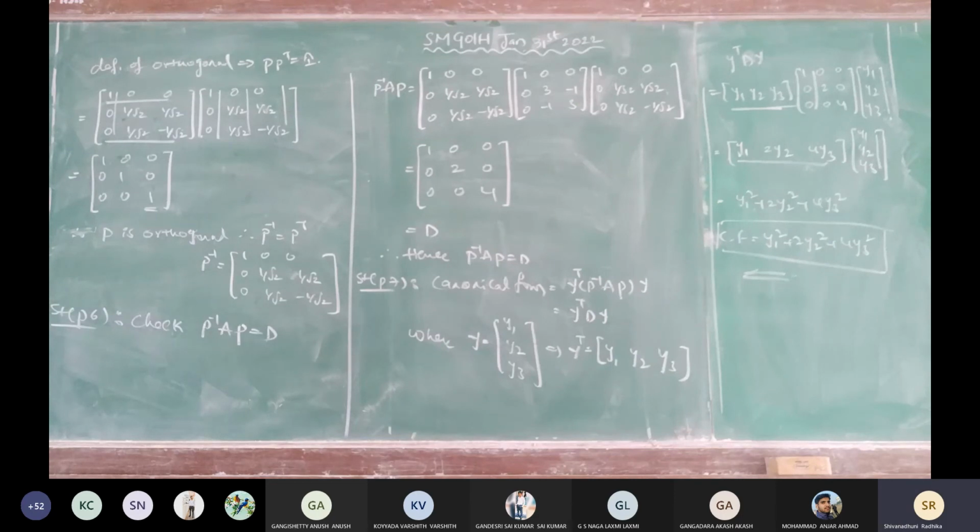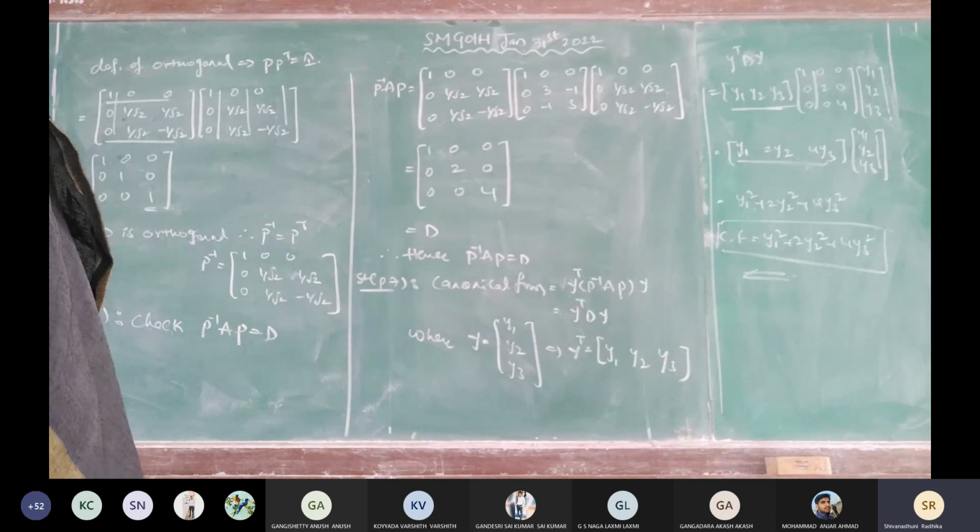Each step is 2 marks, and the eigenvectors, normalized eigenvectors step is 3 marks. Six steps are 2 marks each, and the normalized eigenvector step is 3 marks. Complete 15 marks. Are you clear? Any doubts?